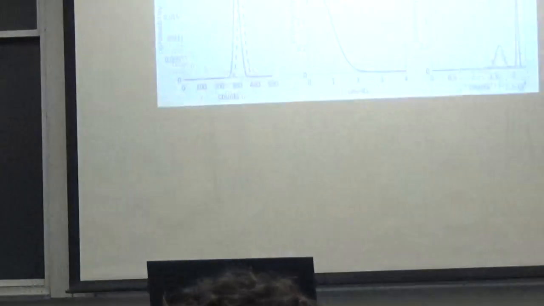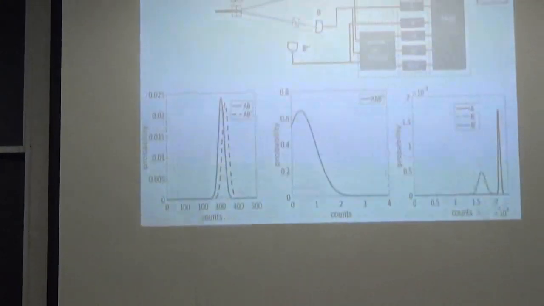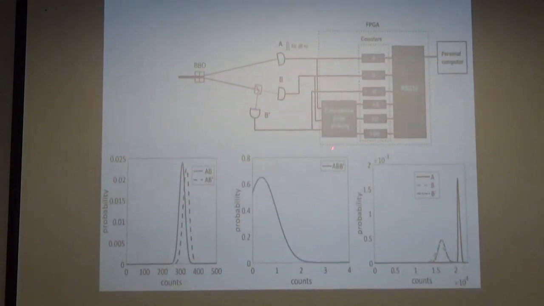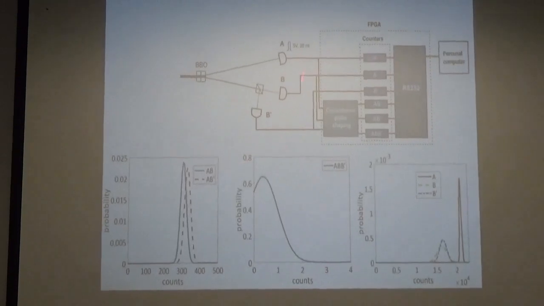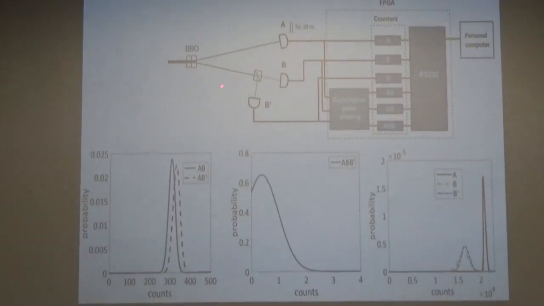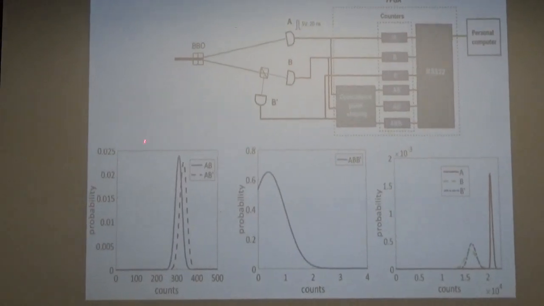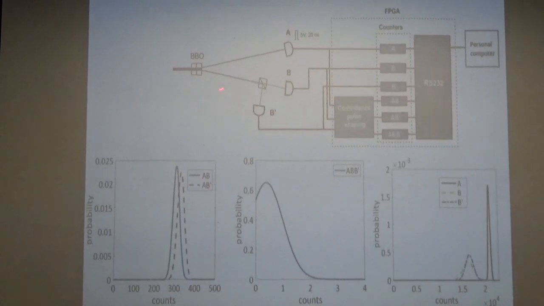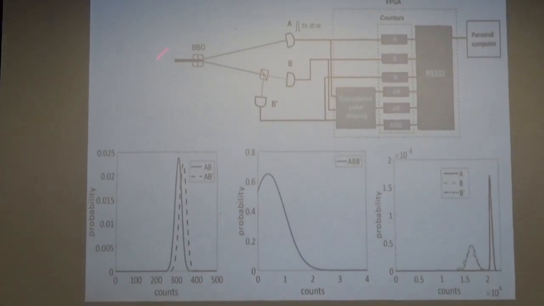So this is a general overview of all the experimental setup. This portion that is outside this dotted box is the optical setup that we have. The detectors, the beam splitters, the crystals that will down convert, I'll get to that later, the crystals that are generating the single photons, it's all in this portion.